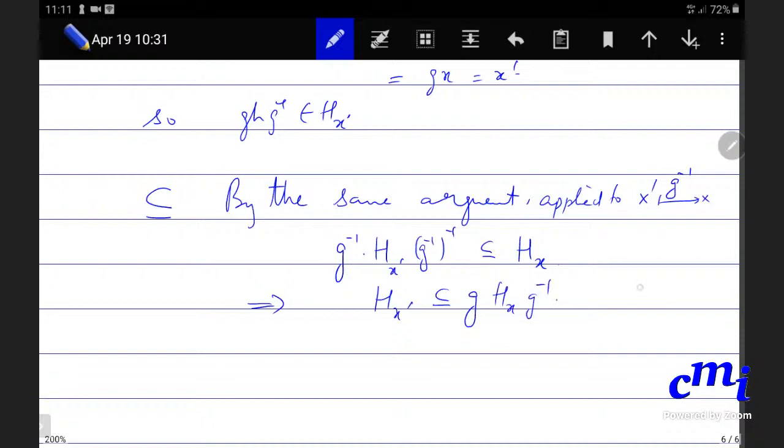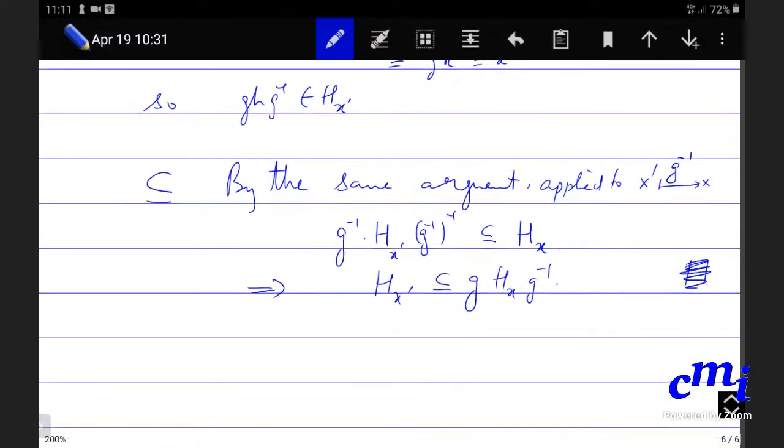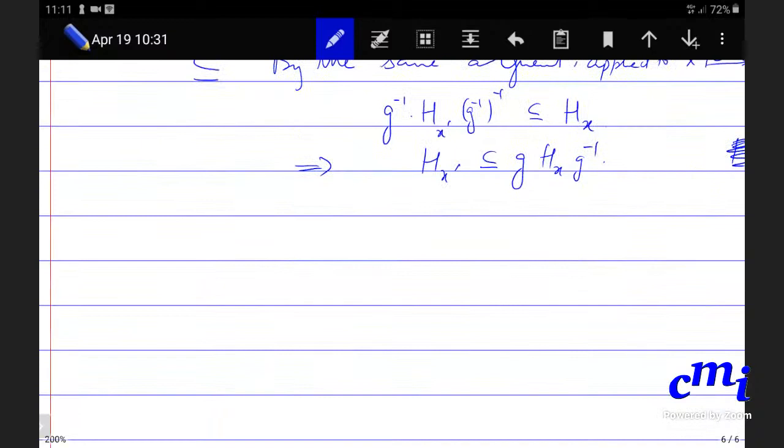And this proves that stabilizers of two elements in an orbit are conjugates of each other. So this is a useful thing.